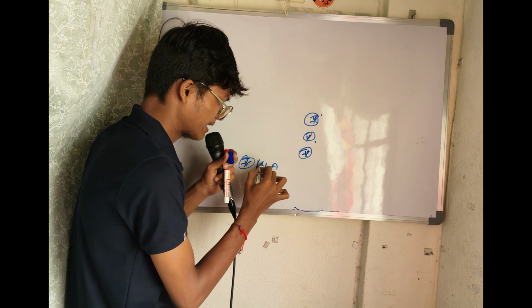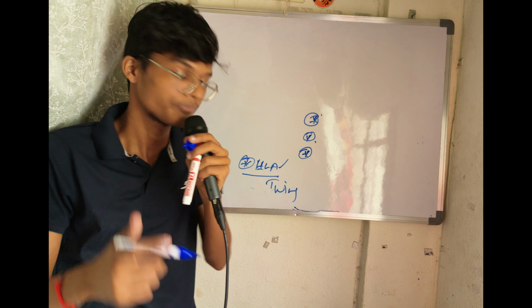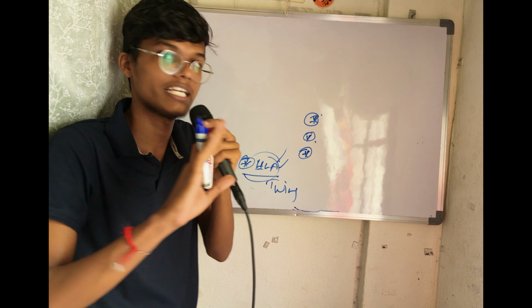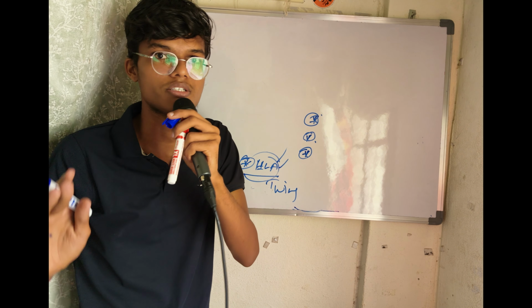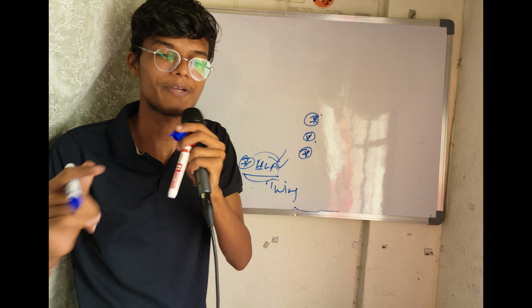So what we advise in graft transplantation is to take it from identical twins or closely related individuals. Why? Because this will be matching and there will be no GVHD. That is the reason why we tell that the graft should be taken from closely related individuals.